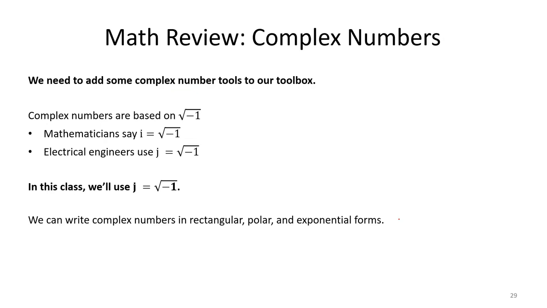So now it's time to add some of those complex number tools to our toolbox. Remember, when we talk about complex numbers, we're dealing with numbers that are based on the square root of -1. In math class, you probably called the square root of -1 i. Mathematicians like to use i for the square root of -1. But in circuits class and in electrical engineering, we don't want to confuse i with current.